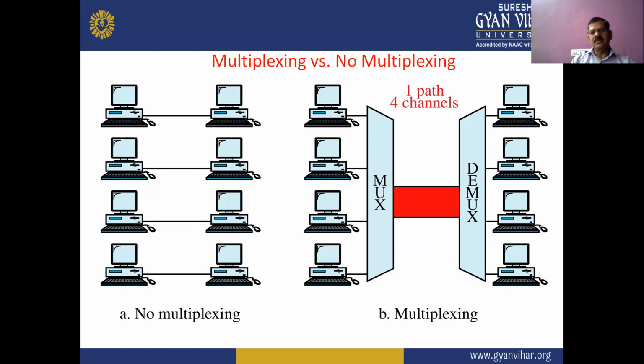While in the multiplexing technique, many inputs, or many input signals or data, are converted into one path or one channel, and next in demultiplexing, this one path or one channel is converted again to the different outputs. So this is the difference between multiplexing and no multiplexing.